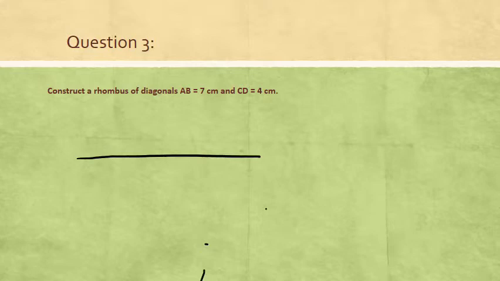Okay, and then we take its midpoint. Half of 7 is 3.5. Put the ring marks. This part is equal to this.